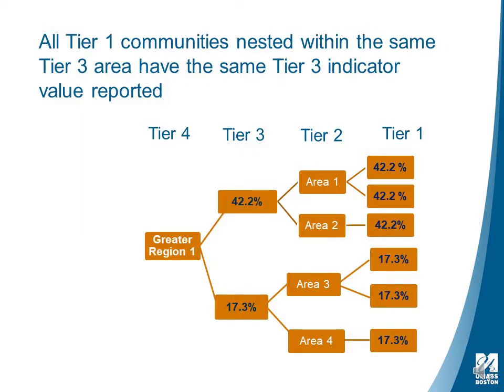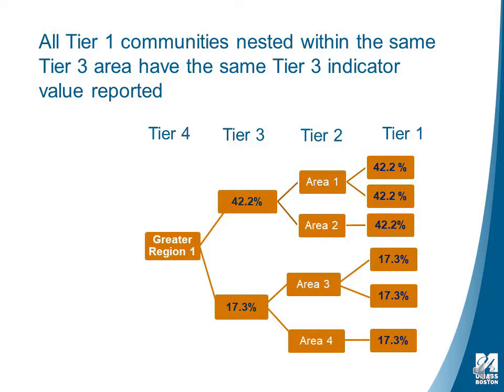All Tier 1 communities nested within the same Tier 3 area have the same Tier 3 indicator value reported. Okay, in this example, the Tier 3 has 2 regions. Region 1 is estimated to be, for this indicator, 42.2%, and towns 1, 2, and 3 all receive the same 42.2% estimate for that Tier 3 indicator.